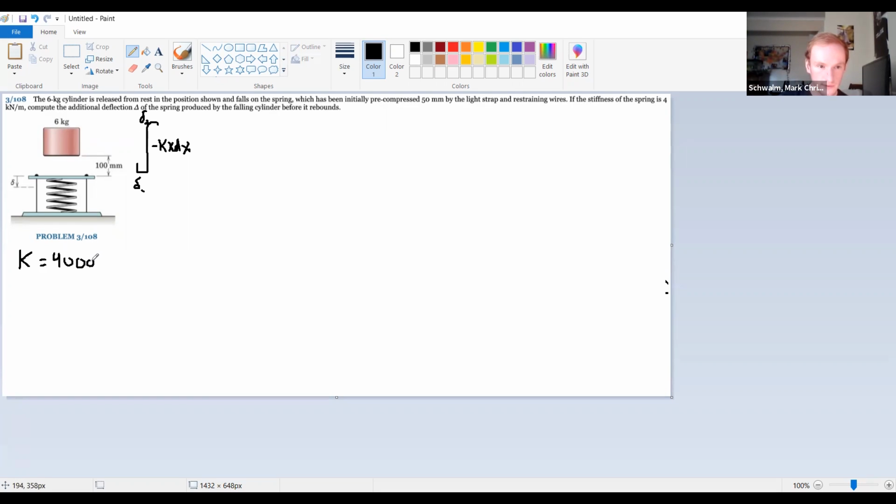So this is 4,000, and it's a very small distance. So we're just going to stick around with millimeters because if you do kilonewtons to millimeters, there's going to be a lot of numbers in general. Anyways, 4,000 newtons per meter.